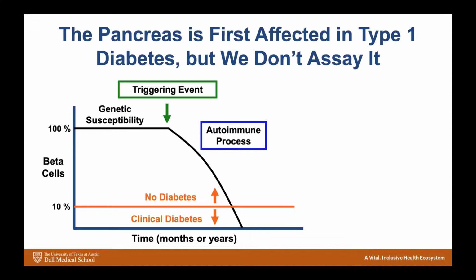But typically when someone presents to the clinic with high blood glucose values and is diagnosed with diabetes, we think that they've probably been losing their initial beta cell mass for a long time, and they've probably lost the majority of that initial beta cell mass. So we think that they've probably lost at least 50%, possibly as high as 90% of those initial beta cells before they reach this threshold and have clinical diabetes.